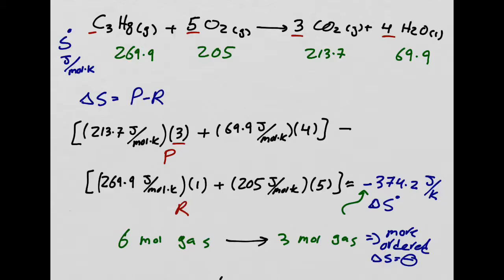So we could even predict the delta S is going to be negative just by looking at the number of moles of the gas. More gas means more disordered. Less gas means more ordered. So we went from more disordered to more ordered. That means the delta S is going to be negative. So far, so good. All right. Beautiful. Let's do another practice problem.